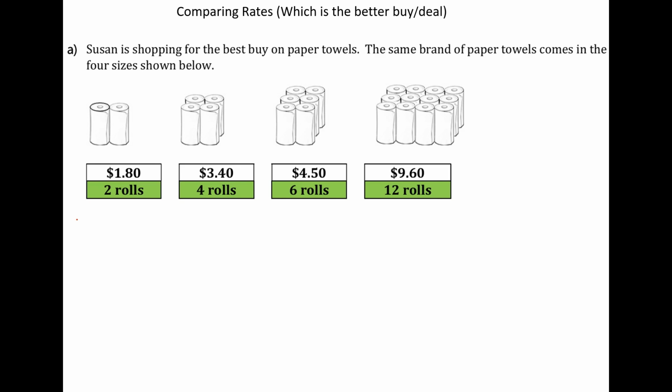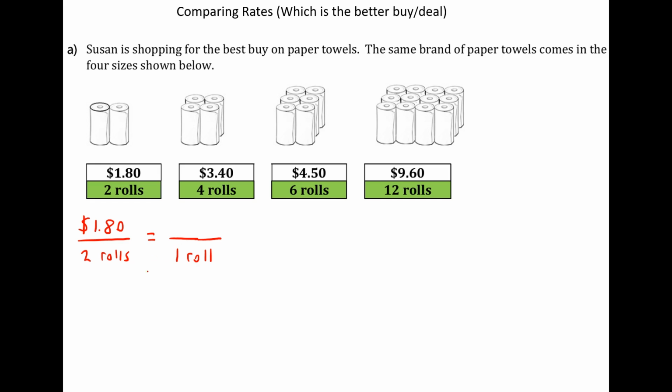Okay, so for the first one, I have $1.80 per 2 rolls of paper towels. Now, I want to find the unit rate for each one because once I have the unit rate, I can compare how much each roll costs, because I'm comparing the cost to just one roll.